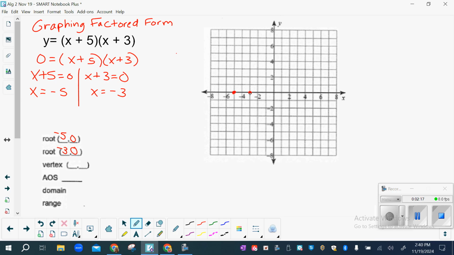Whenever we have 2 points like these, the axis of symmetry is right in the middle of them. What number is right in between these 2 points? -4.